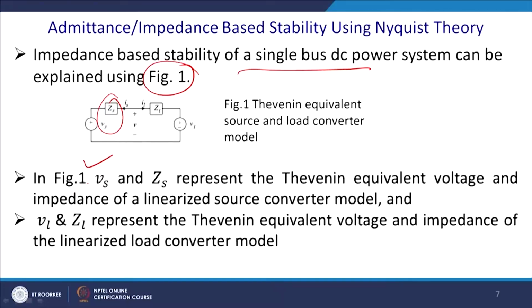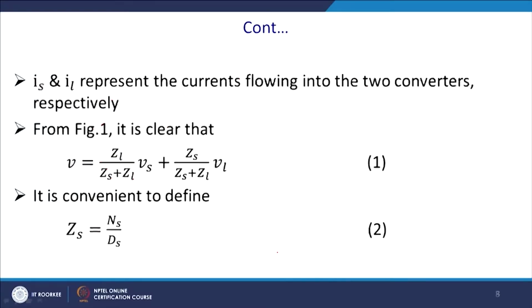In this figure 1, Vs and Zs represent the Thevenin equivalent voltage and impedance of a linear source converter model, and VL and ZL represent the Thevenin equivalent voltage and impedance of the linearized load converter model. IS and IL represent the currents flowing to the respective converters, and we have considered a single bus system.